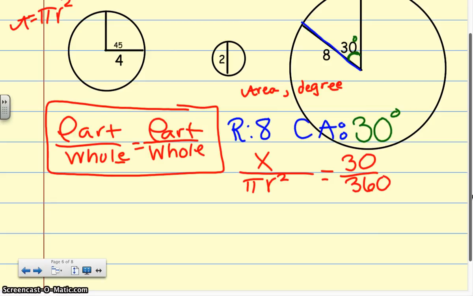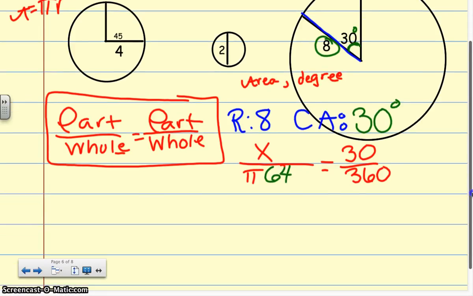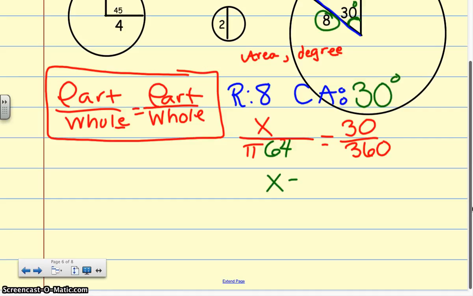Now r here is 8, so I'm going to plug 8 in here. 8 squared means 8 times 8, that's 64. So I'm just going to erase this and write 64. So my x is equal to 30 times 64 times 3.14 divided by 360.